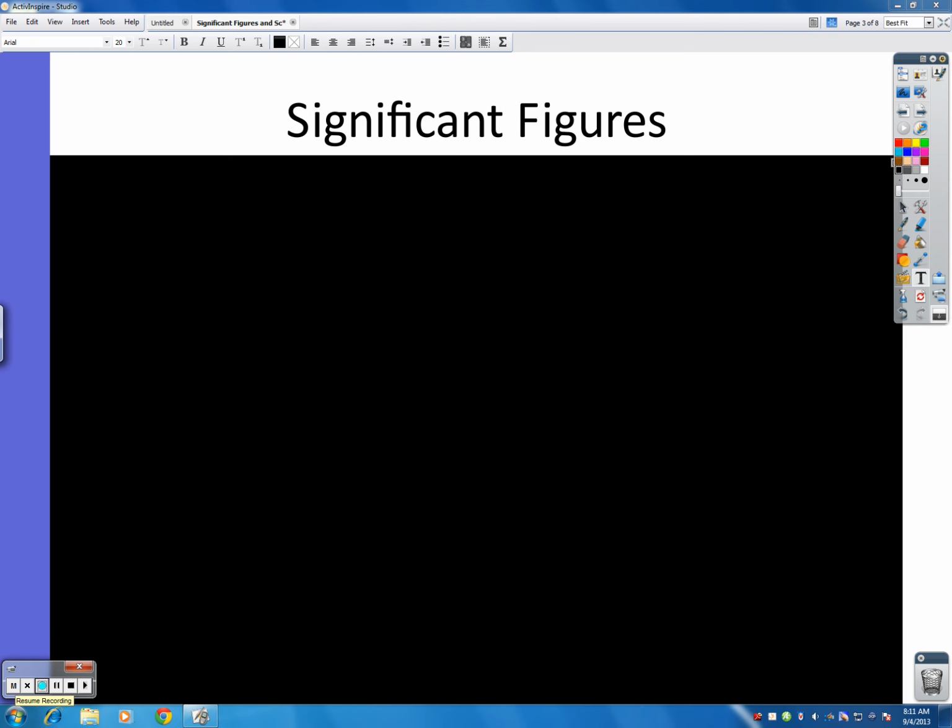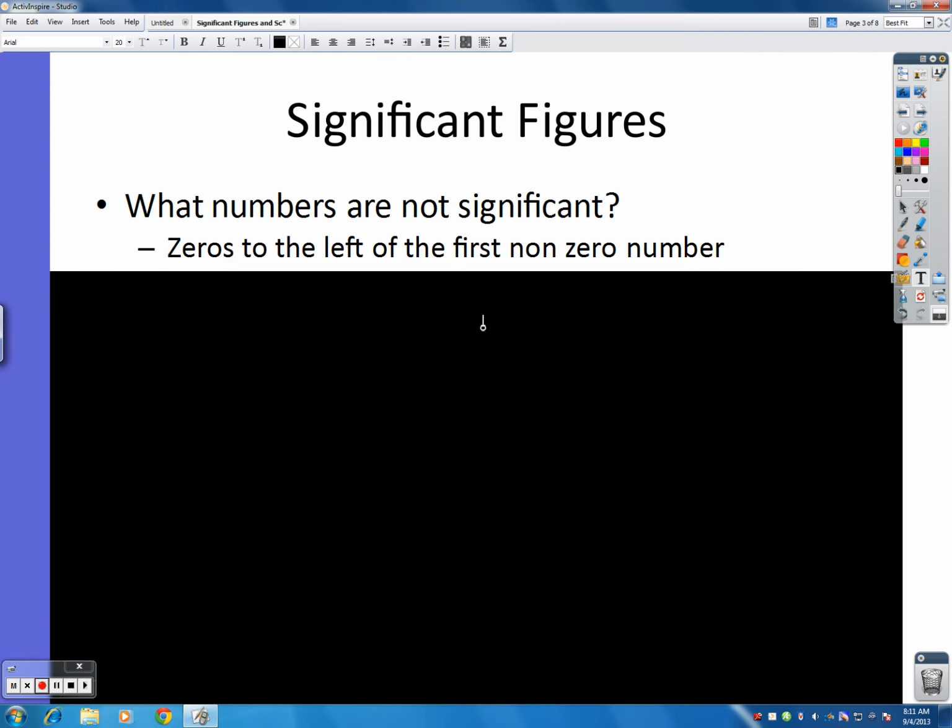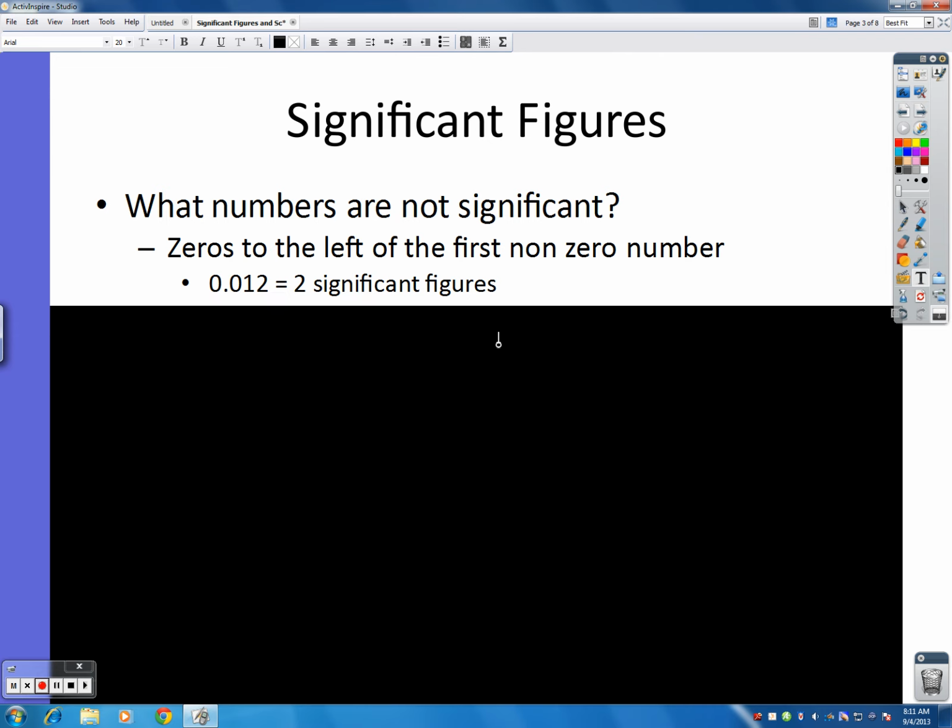So this brings us to what numbers are not significant. Zeros to the left of the first non-zero number are not significant. So in the number 0.012, that only has 2 significant figures because both zeros come to the left of the 1, and that's the first non-zero number.